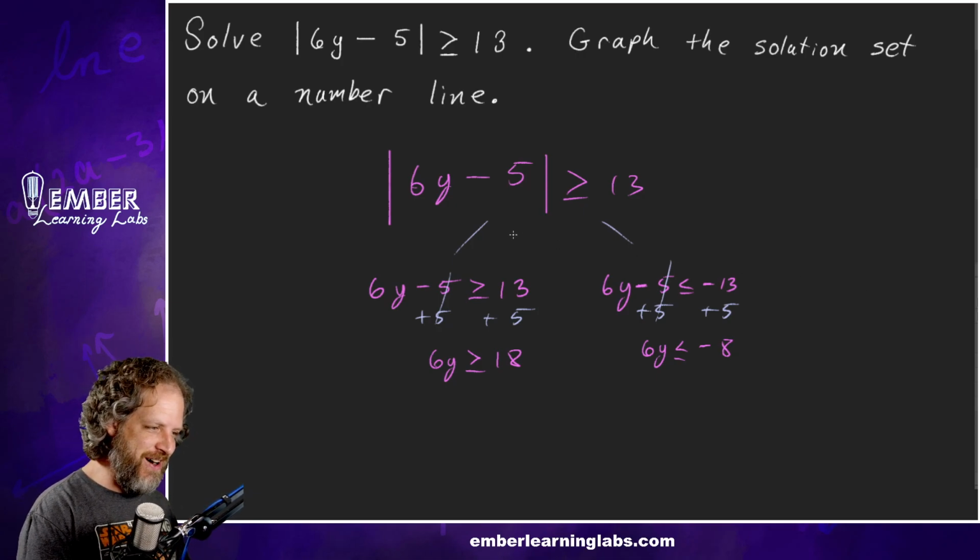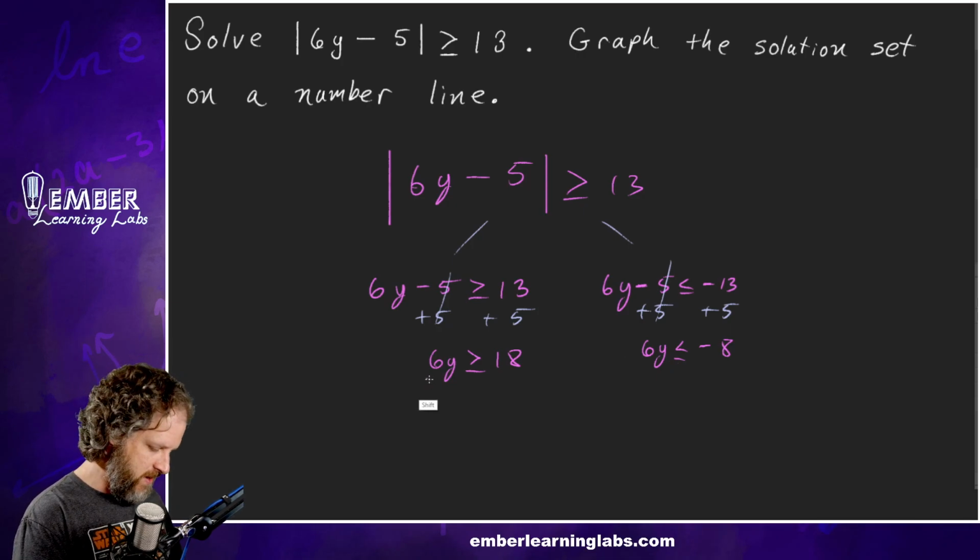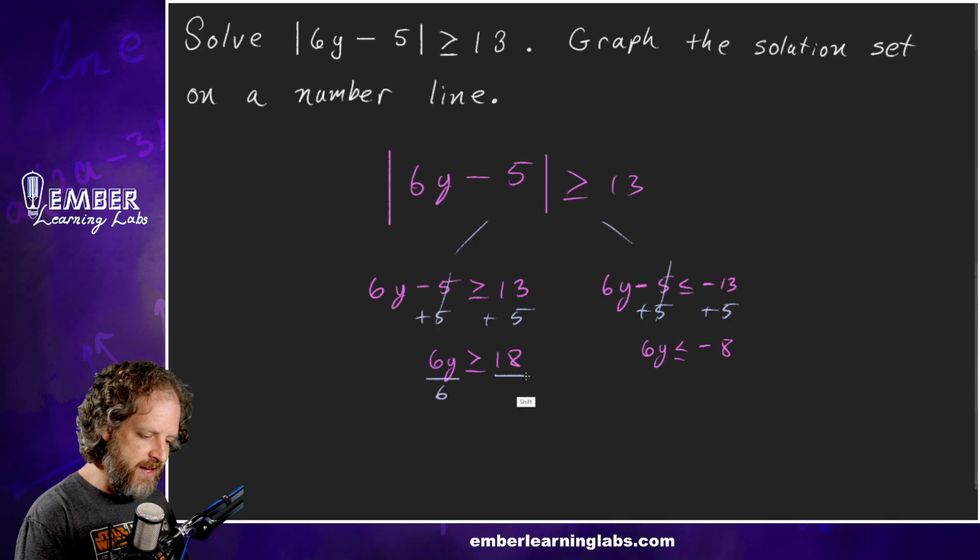Anyway, continuing on. This guy, what do we have attached to y still? We have 6. Same thing over there. So we're going to divide by 6 with this one and with that one.